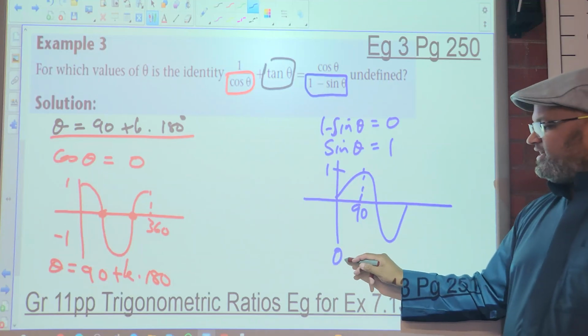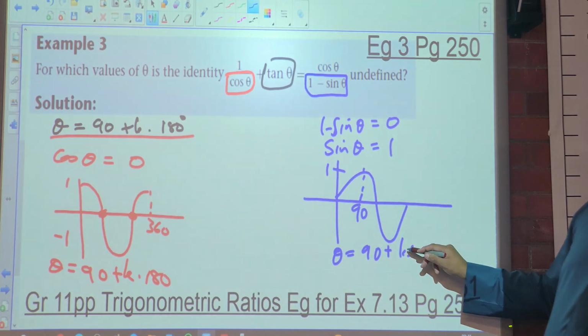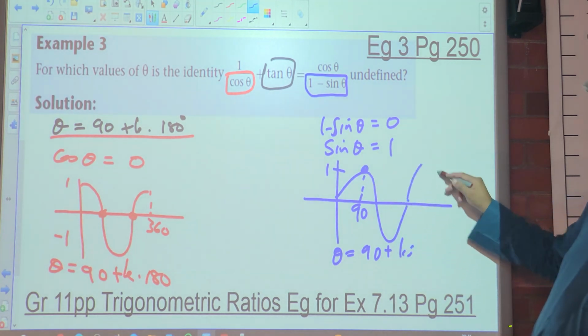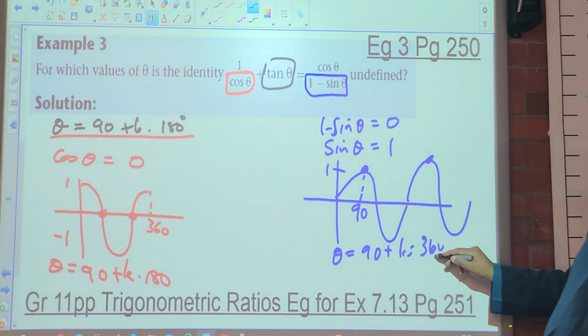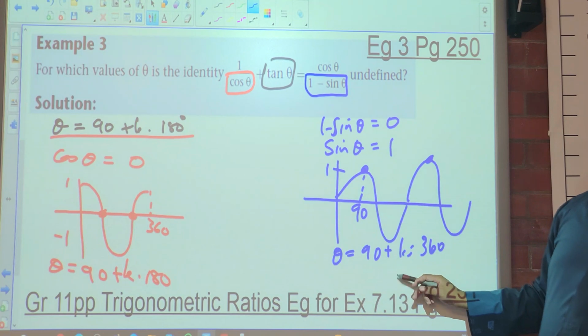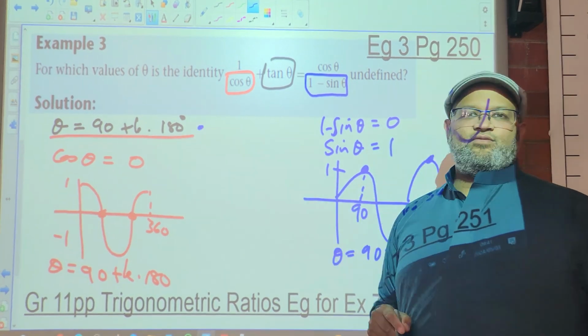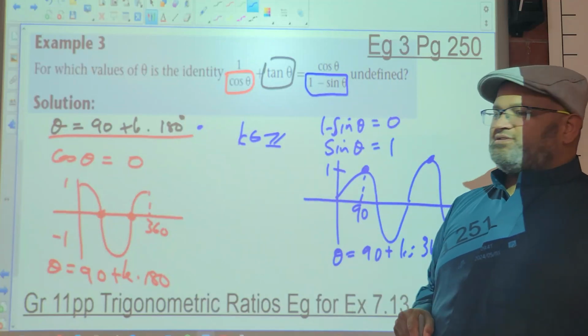But for this solution, theta is equal to 90 plus k times 360 on the next cycle. Anyway, hang on. This actually covers this as well. So that is the solution they are looking for, where k is an element of integers.